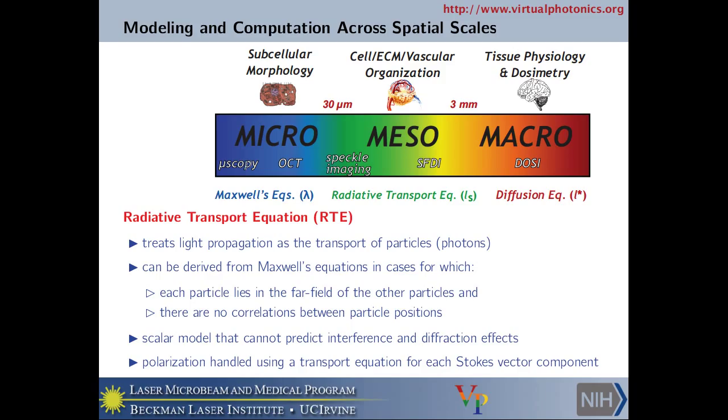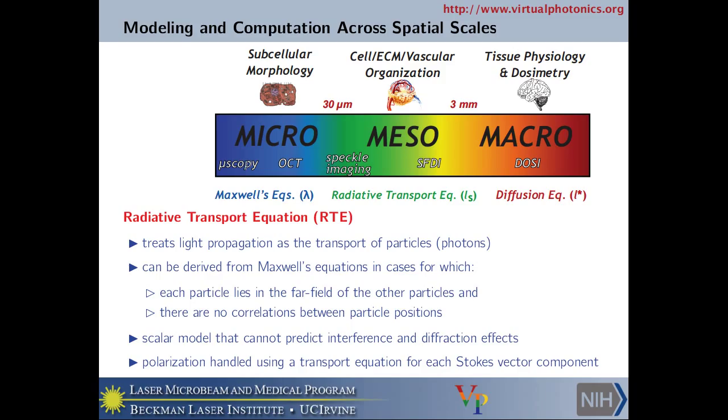Going from Maxwell's to the RTE is not a trivial thing. And if you want to go into quantum mechanics, even the way that we represent photons is not consistent with the quantum mechanical description of what a photon is. So from a fundamental physics standpoint, these transitions are tenuous and challenging, especially because a lot of people are interested in hybrid simulations.